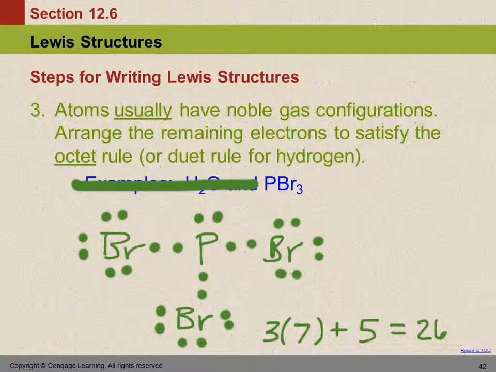I'm trying to give each atom 8 electrons around it. So these shared ones represent single bonds. Each of them, though, is 2 electrons. And so we see bromine has 8. Each of the bromines, and the phosphorus has 8. And so this is the Lewis structure for phosphorus tribromide. Any questions?